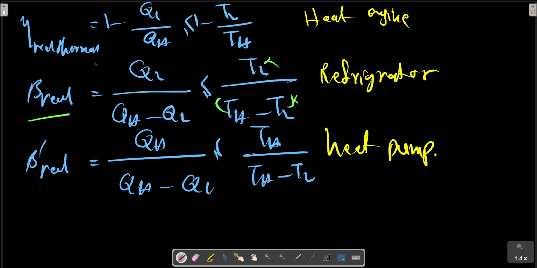In the previous discussion, we considered the constant temperature energy reservoir and used this temperature to calculate the Carnot cycle efficiency.